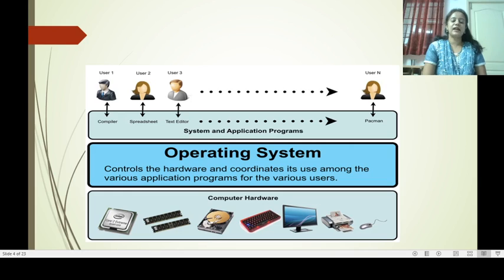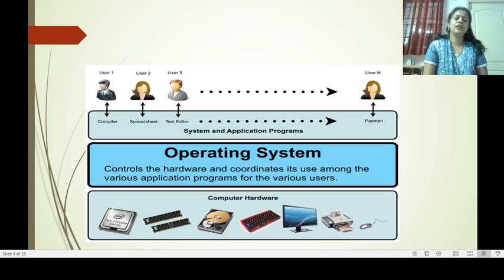Let us understand one example. If there is no operating system, then for accessing each of the resources, the user has to write commands or code, which is a very tedious job. For each application or task, he has to write the commands. It is very difficult. To avoid that, the operating system provides an environment to access these resources in an efficient way.